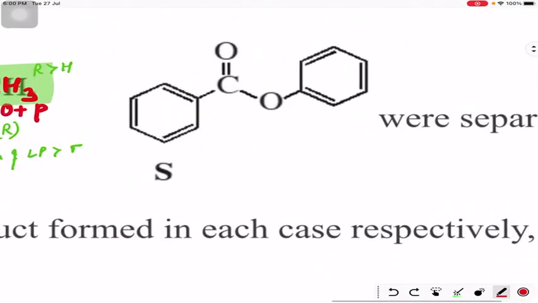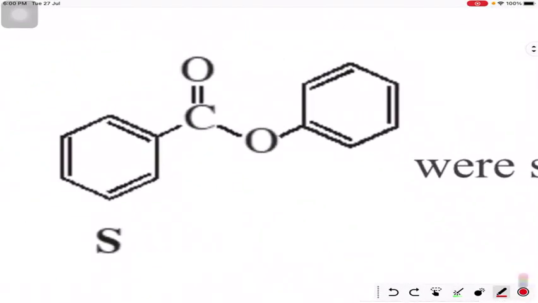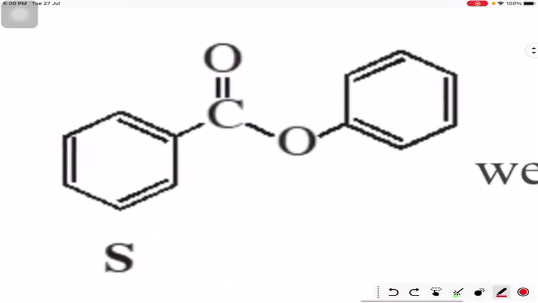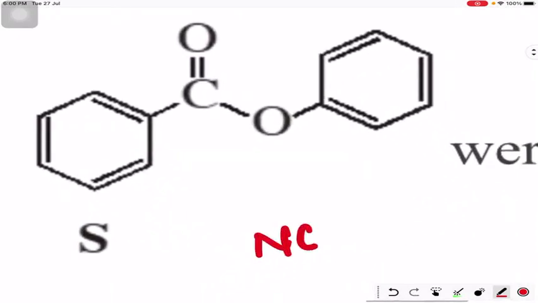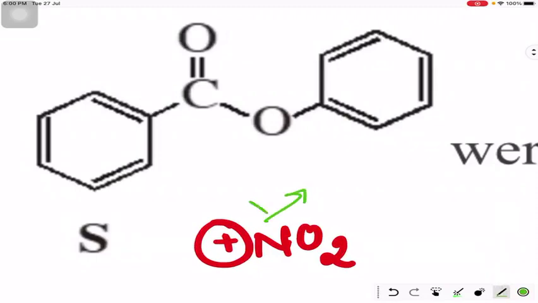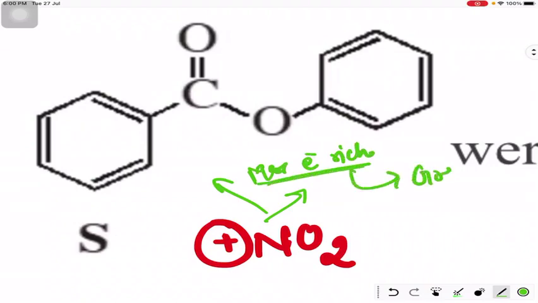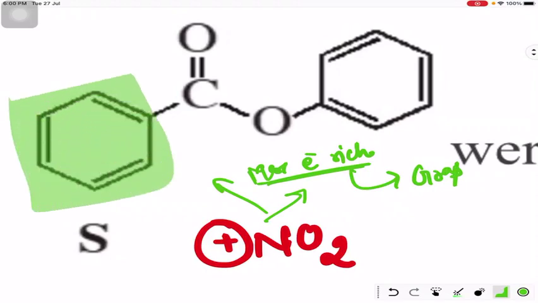Now for the last option we have this group, this ester group. Where will the nitronium attack? It is electron deficient, so it will attack the more electron rich ring. So again it is decided by the group present on the ring. For the left sided ring, the group attached on it is a carbonyl group, and the carbonyl group is an electron withdrawing group.